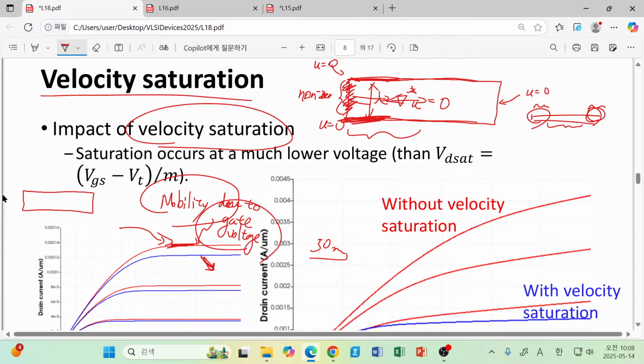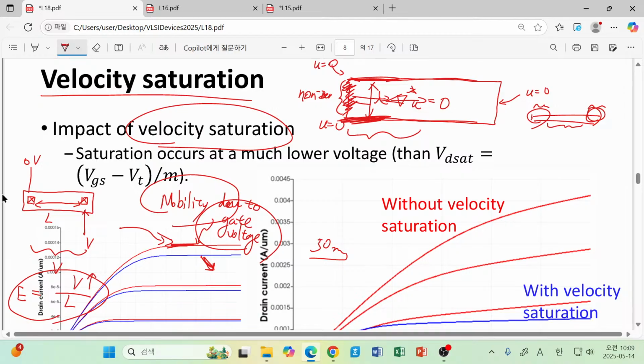Make a resistor, for example, let's say that there is a certain distance and one end is grounded, and apply a certain voltage, and let's say that the length scale is L and the voltage is V. In this case, the potential difference is just V and the length is L, so we can think that the average electric field inside this simple resistor, it is not a transistor, it is just a uniformly doped resistor, would be V divided by L. That will be the value, and they just increase the voltage.